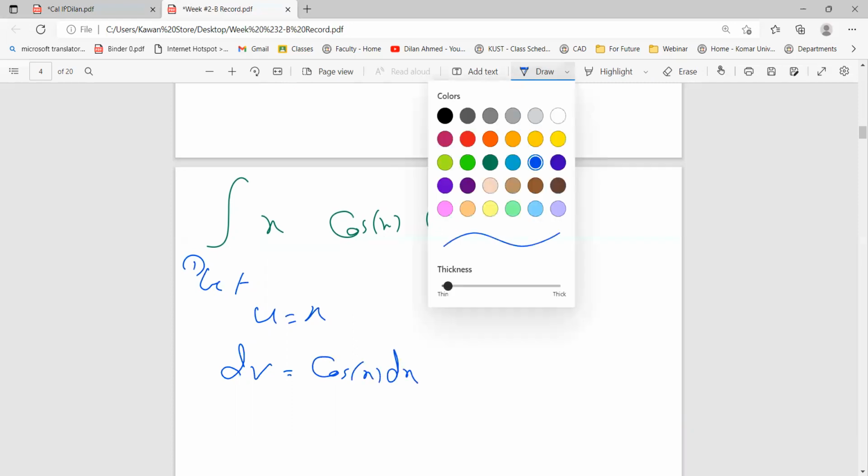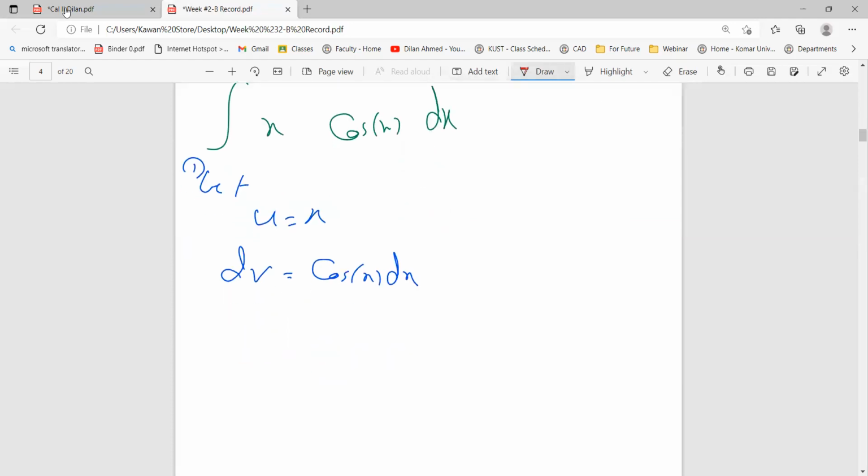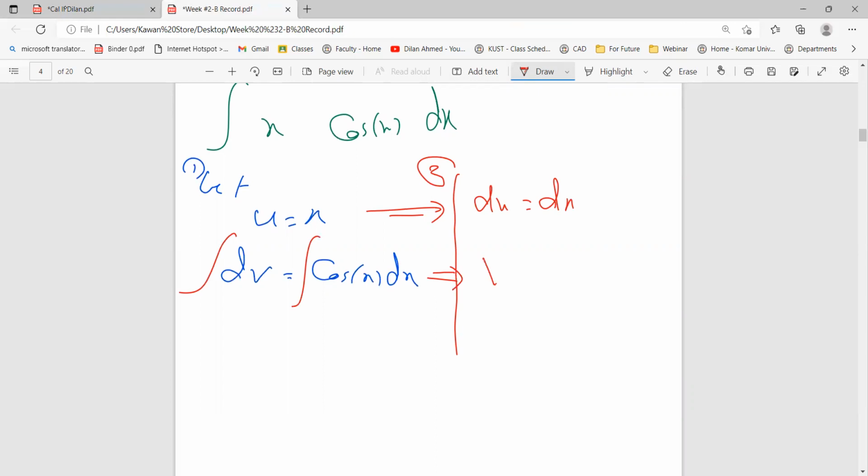Second step, what shall we do? From here du is equal to dx, and from here the integral of dv is v, the integral of cosine, sine of x.